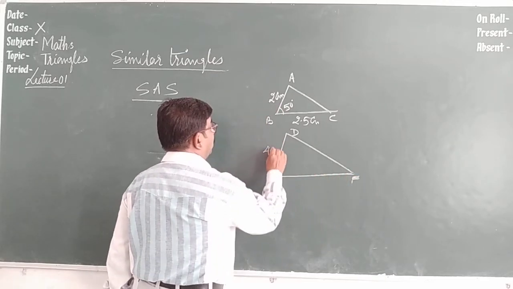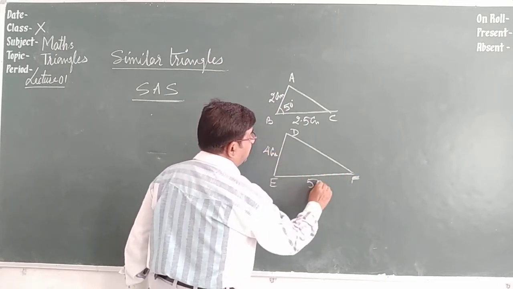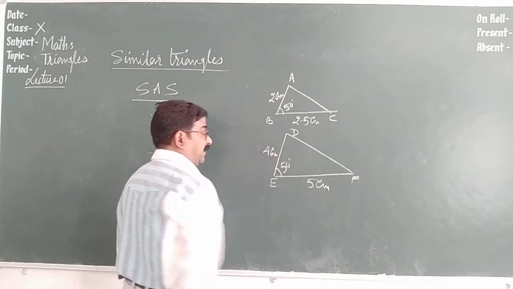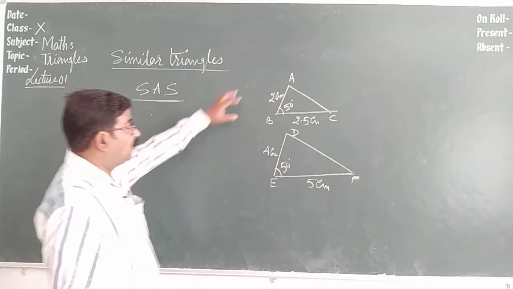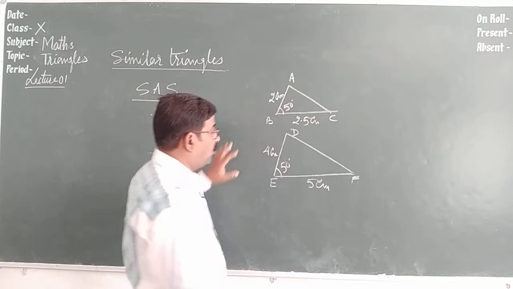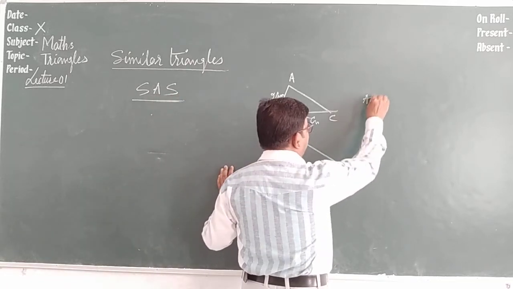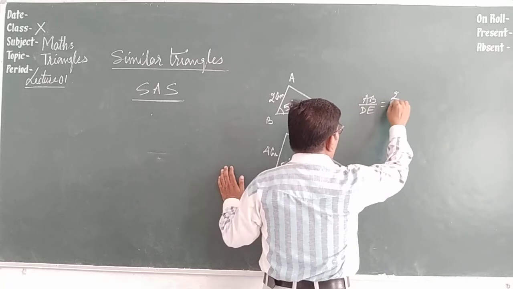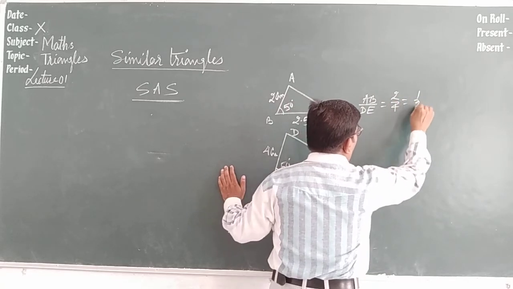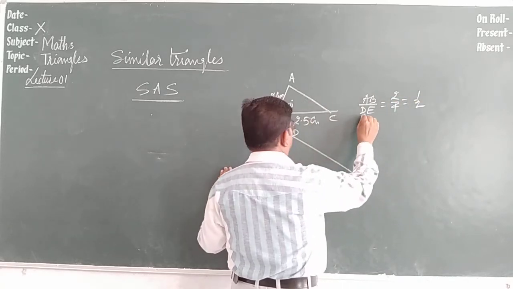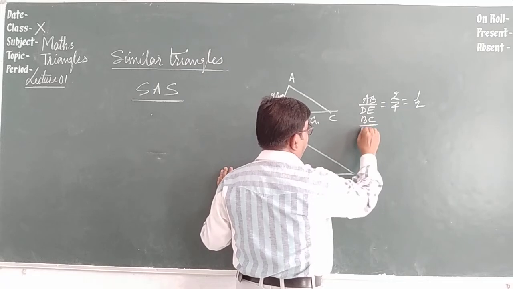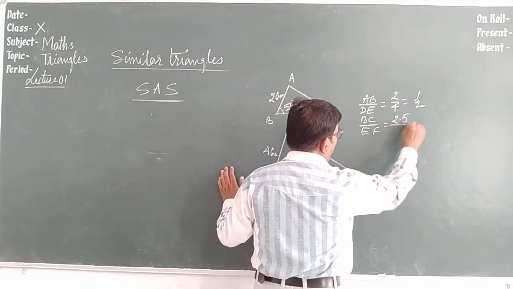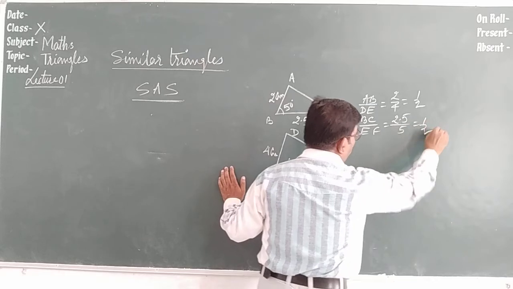This side is 4 centimeters, this side is 5 centimeters and the angle between them is 50 degrees. See what we have: AB upon DE is equal to 2 upon 4 is equal to 1 upon 2. BC upon EF is equal to 2.5 upon 5 is equal to 1 upon 2.